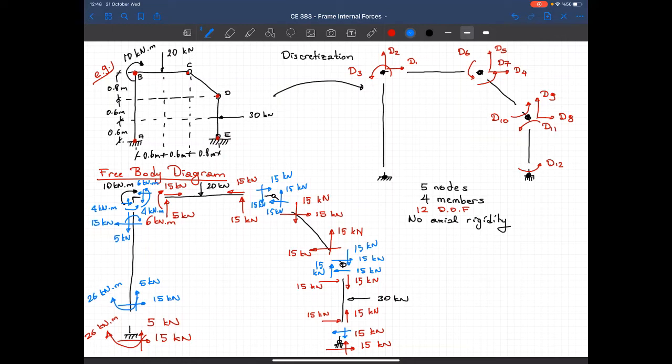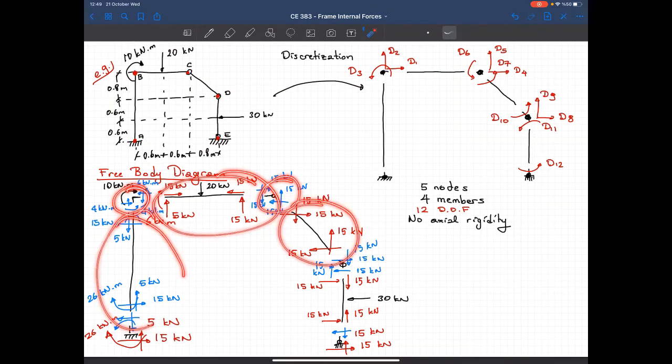Transfer that to the node in the vertical direction. This is in the horizontal direction, and check if this node is in equilibrium. Yes, it's in equilibrium, so that's a verification. So we can say that now all these members and nodes are in equilibrium.